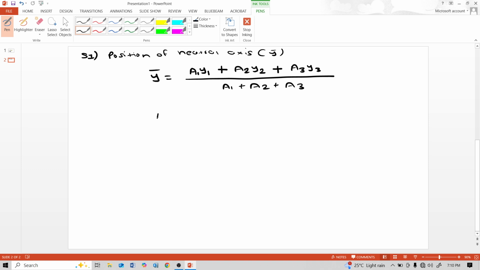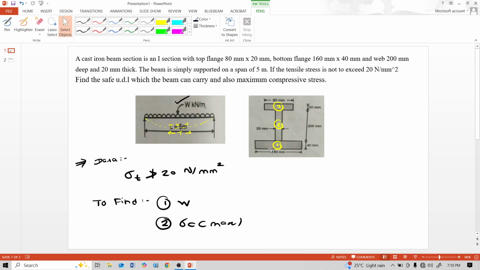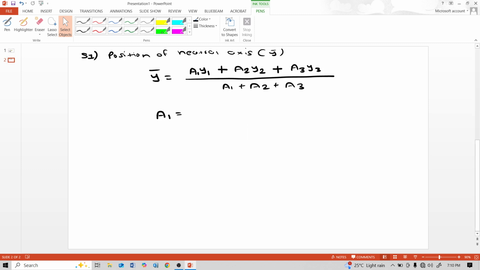Now A1, from this cross section: the width of this bottom flange is 160 mm and the thickness is 40 mm. That means 160 multiplied by 40, 6400 mm square is the area of the bottom flange.